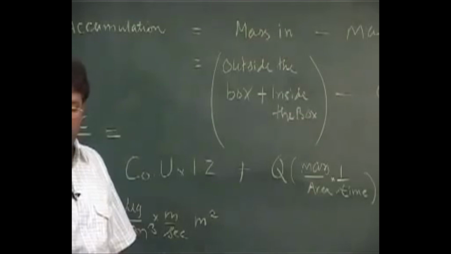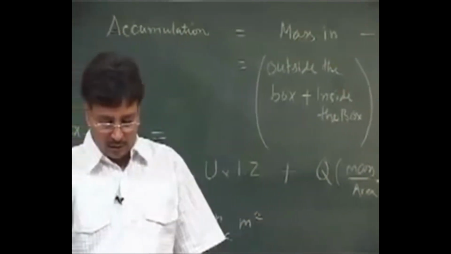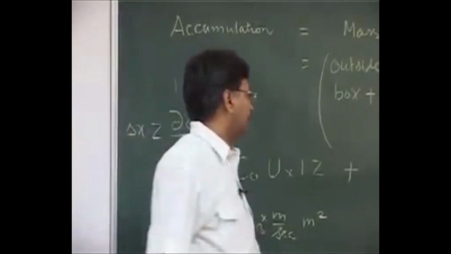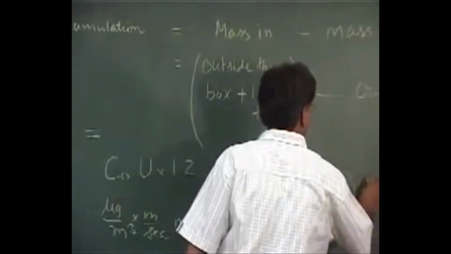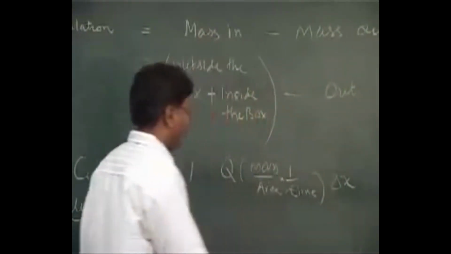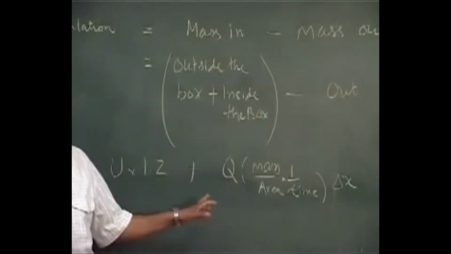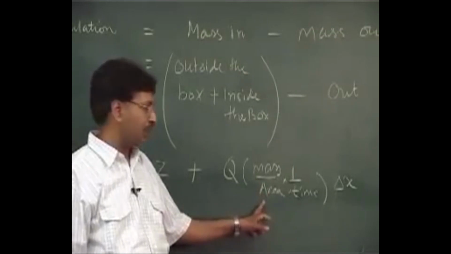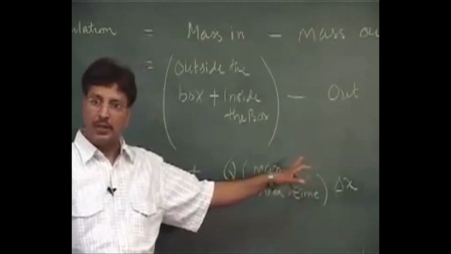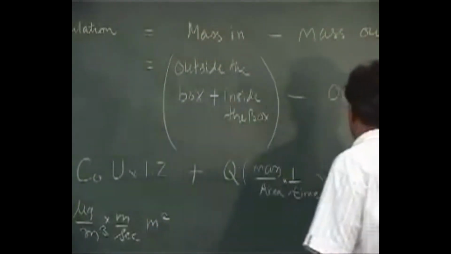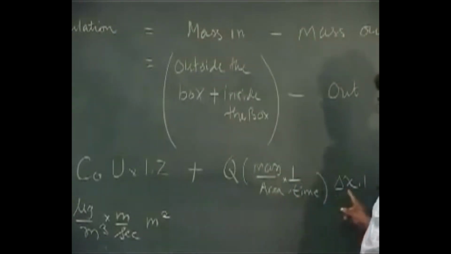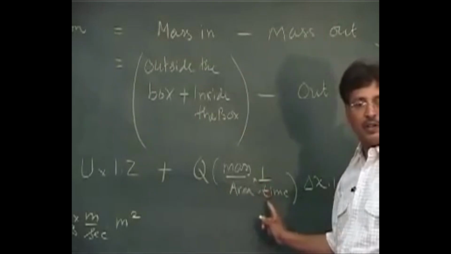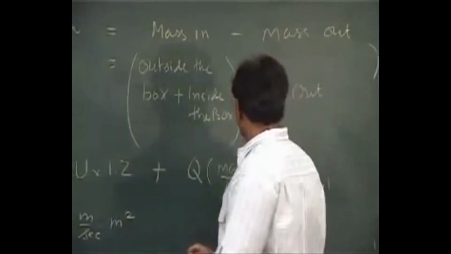Delta X. Or do we multiply by Z? No, we don't multiply by Z, because mass per unit area is there, so delta X into 1, and you can check that area cancels, leaving mass per unit time.